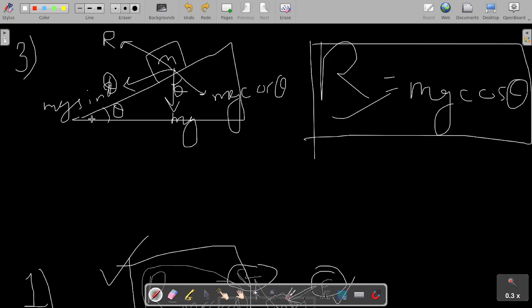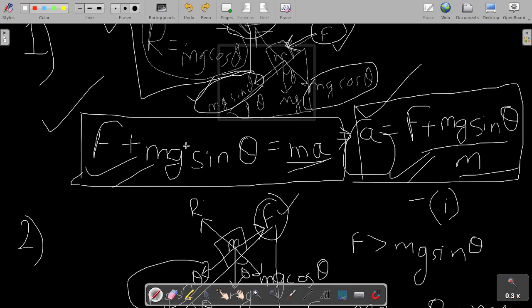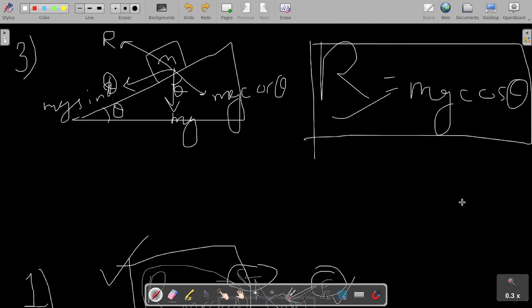First, we'll consider a frictionless surface. Now R is equal to mg cos theta. Since no external force is applied, like the experimenter is not applying an external force, the only force that acts on the body, apart from mg cos theta, mg and R, the only force that tends to bring the body down the slope is mg sin theta.